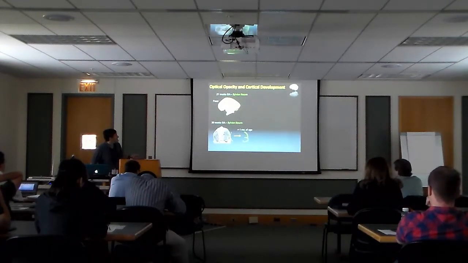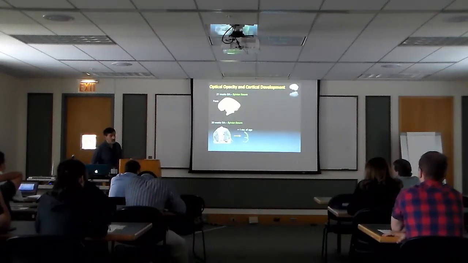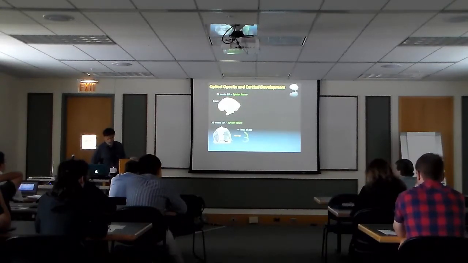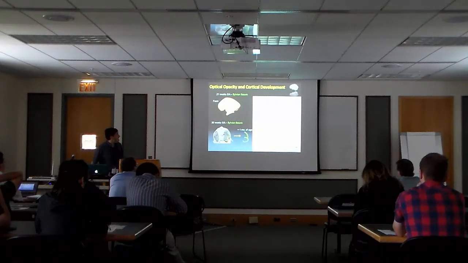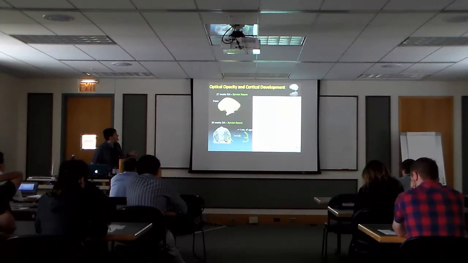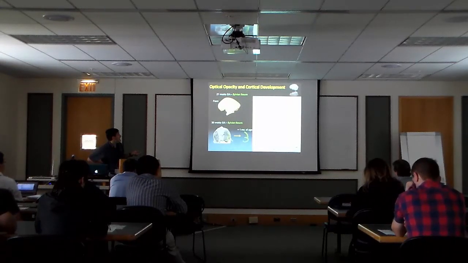Now this means that there is a development of the cortex during these periods that takes over and fills these holes. That's basically a development of the brain, not only of the cortex but also the white matter. As these holes are filled, there is less cerebrospinal fluid in the brain, and as there is less cerebrospinal fluid, the opacity goes up.